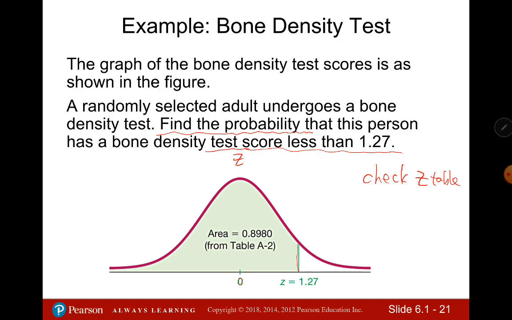So first, check 1.2 on the left column. Then check 0.07, because the last digit is 7. So check the top row for 0.07. Then you can find the two lines cross at 1.27. And that value in your table is the area we're interested in.